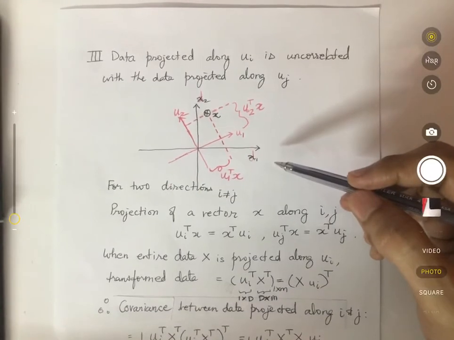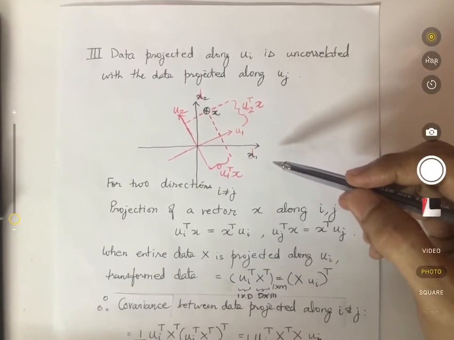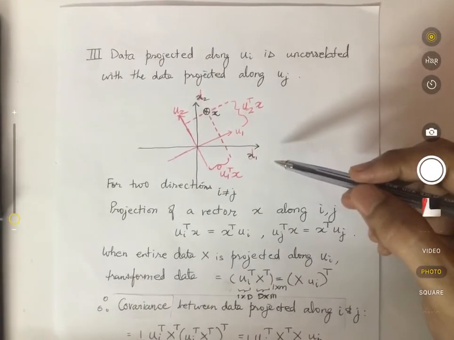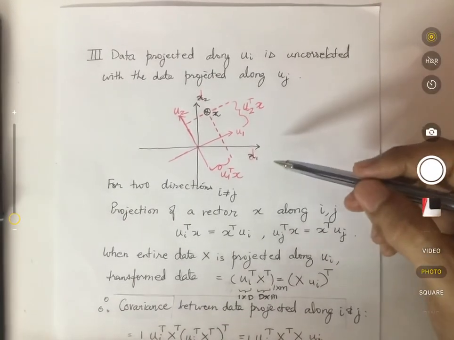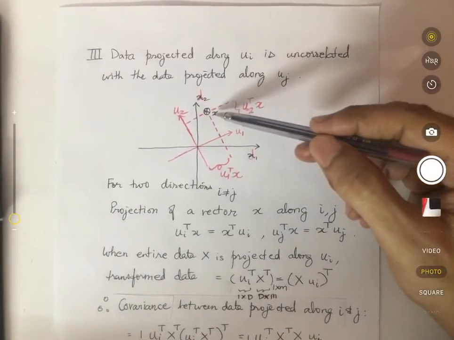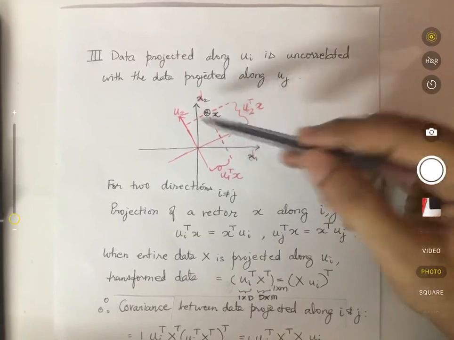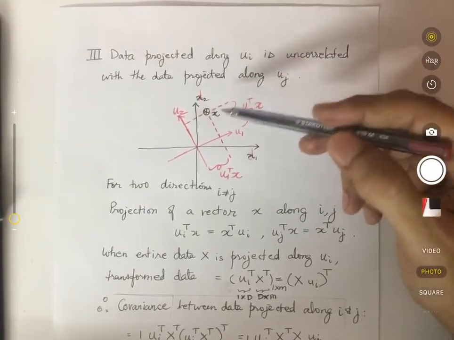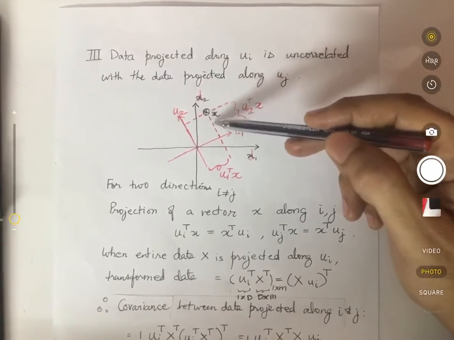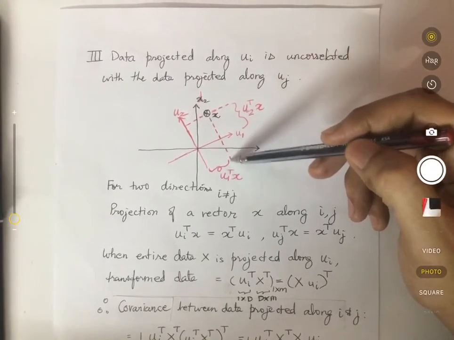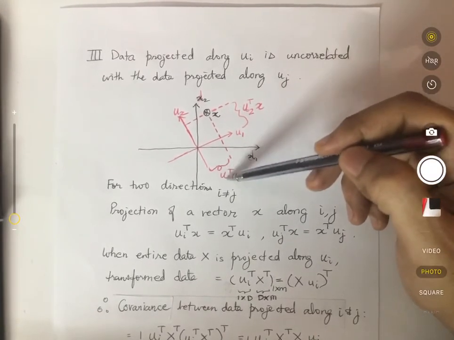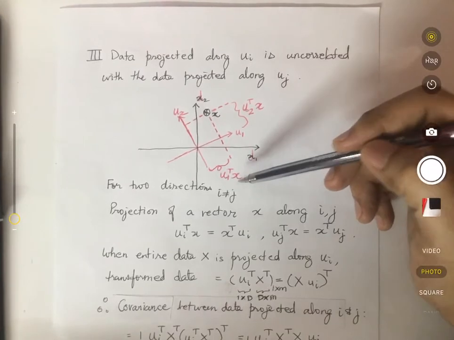These d1, d2 correspond to two dimensions, let's say the first two dimensions of the instances, the training examples. And you have a point x here, and u1, u2 are my eigenvectors. When I project x along u1, I drop a perpendicular, and this is the projection of my x along u1, u1 transpose x.